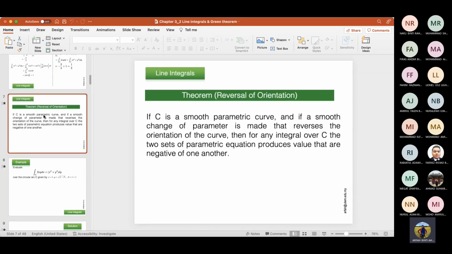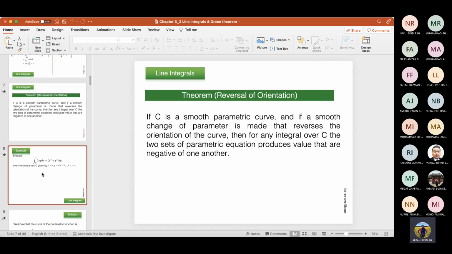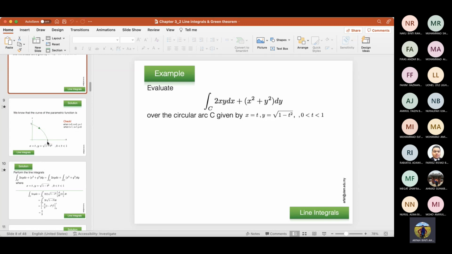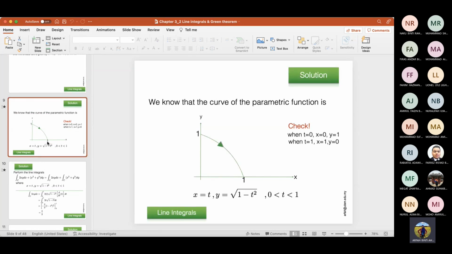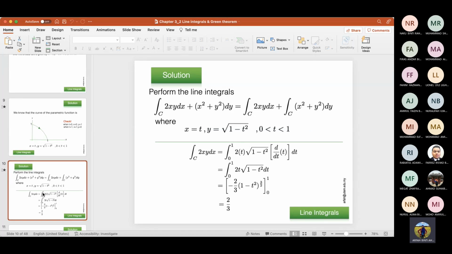Okay. And then if we do the reversal of the orientation, meaning that rather than anti-clockwise, your curve moves from upward to downward, it will follow the clockwise rotation. In this case, if we do the integration, you will get a negative value, which is associated with the orientation of the curve.